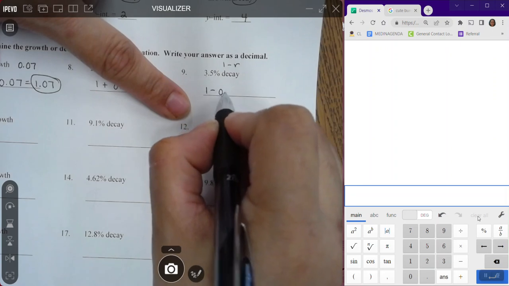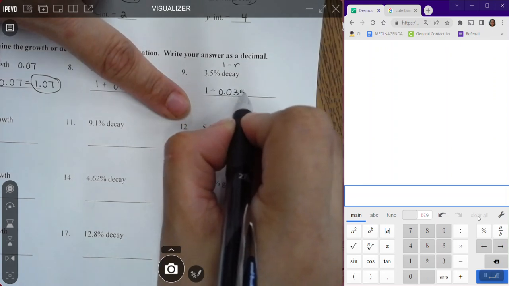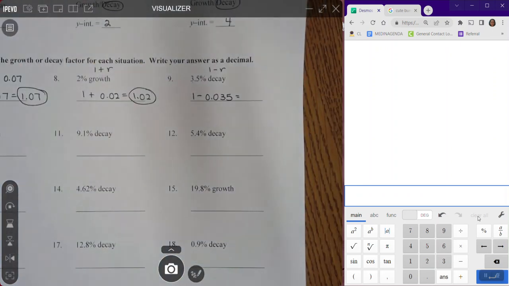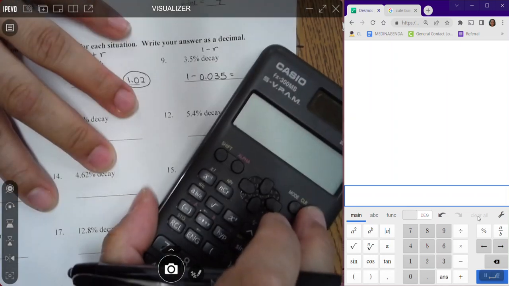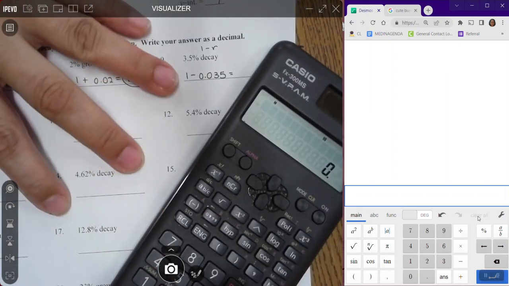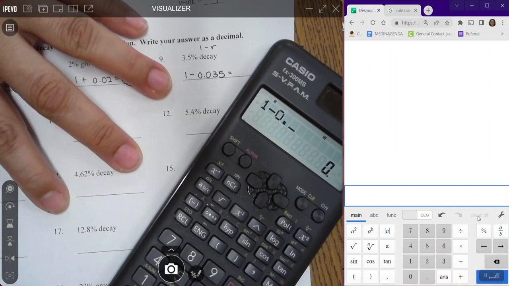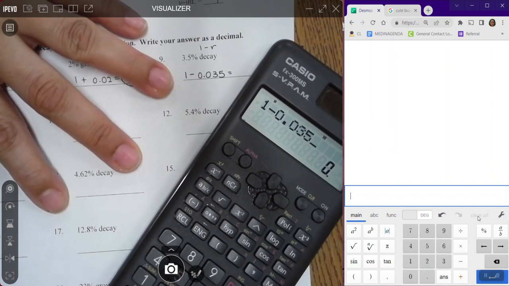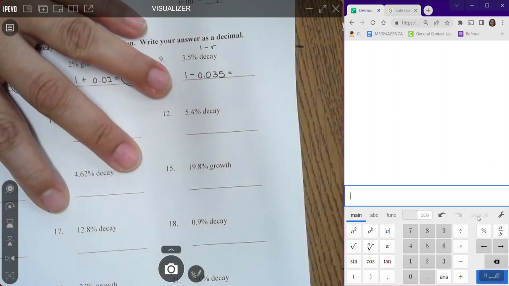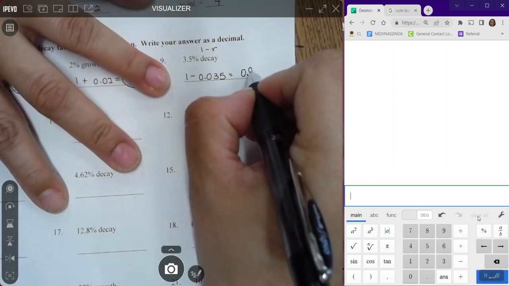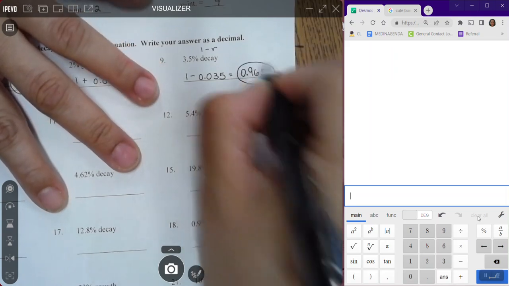So 1 minus 0.035 is going to give us, oh yes, I'm going to have to resort to the calculator, make sure I do it right. 1 minus 0.035, 0.965. All right, so that's the decay factor.